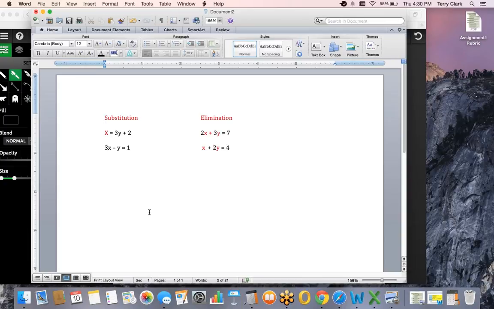So the substitution method is when we have a variable isolated all by itself, like the x is isolated. So we'll use the substitution method there.